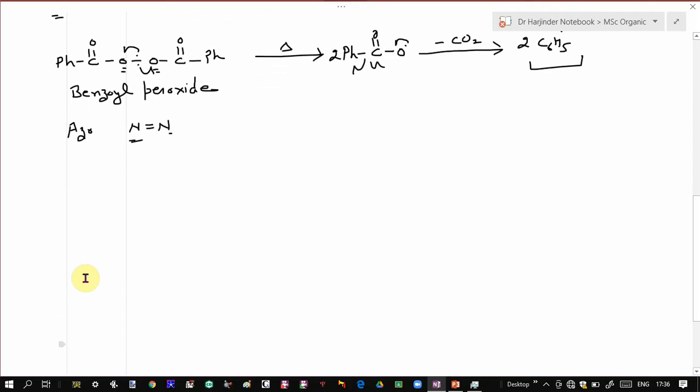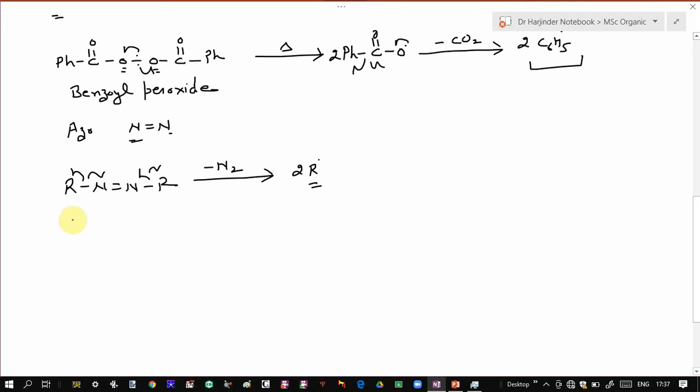For example, suppose you have any azo compound, say this one where R may be any group, it undergoes a homolytic bond cleavage. So this bond and this bond undergo homolytic bond cleavage. So this results in the loss of a nitrogen molecule and two alkyl radicals.